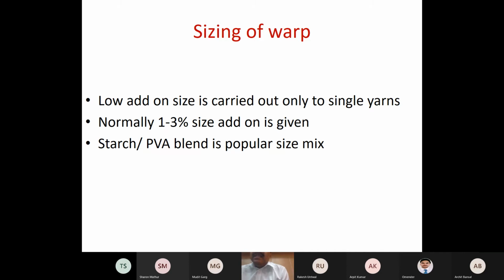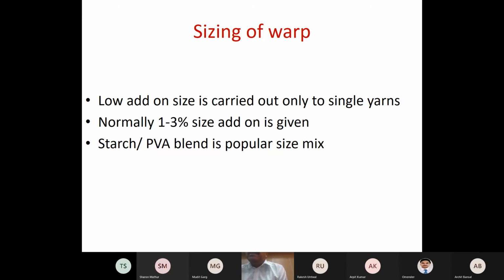In this case, both abrasion, that is inter-yarn friction, and tension, that is axial tension, are comparatively much lower in the pile warp yarn compared to conventional woven warp yarn. So there is no need to go for heavy sizing.